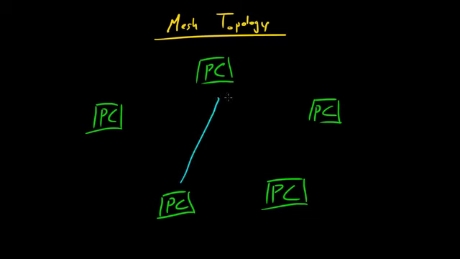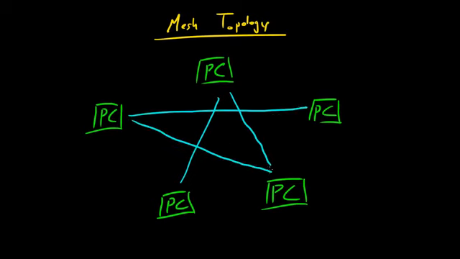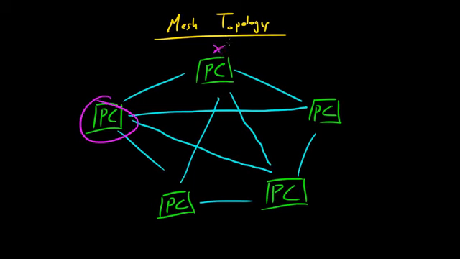Let me just draw it real quick. This would be connected to this, to this, and if I draw it like this, then this blue thing is of course Ethernet, and as you can see, every single computer in this network is connected to every single other computer. For example, this one is connected to this, this, and this. So it's very clear to see exactly what a mesh topology is.